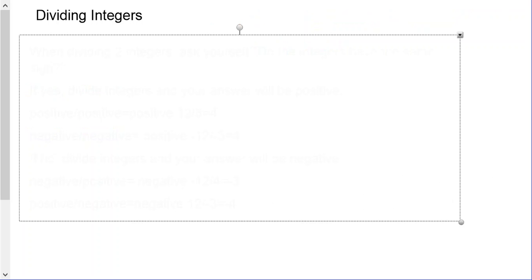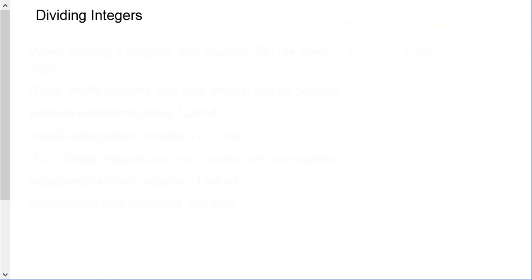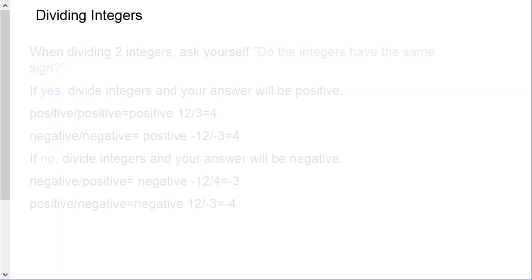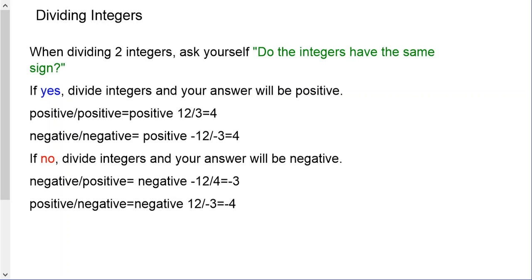Okay, dividing integers. Okay, now you may notice that the rules are exactly the same for multiplying and dividing integers. If the integers have the same sign, your quotient will be positive, or your answer will be positive.